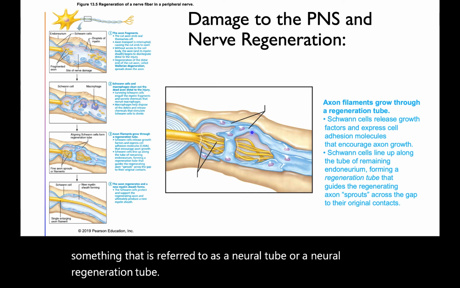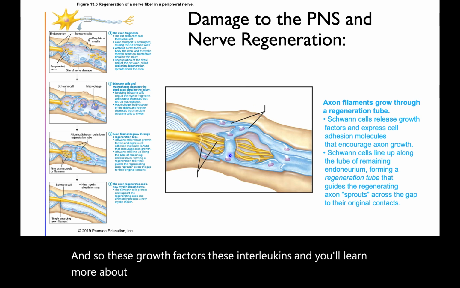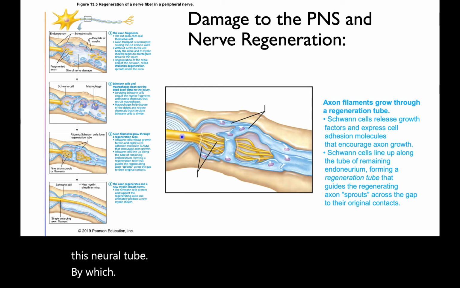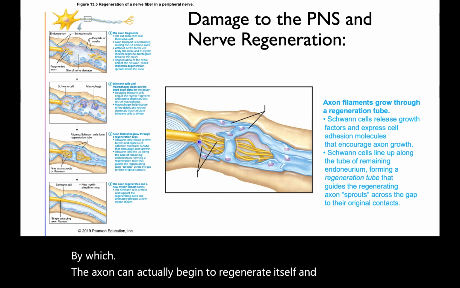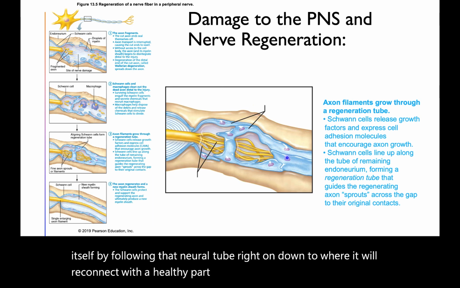And so these growth factors, these interleukins, and you'll learn more about interleukins in AMP2, create this neural tube by which the axon can actually begin to regenerate itself. And it regenerates itself by following that neural tube right on down to where it will reconnect with a healthy part of the axon.